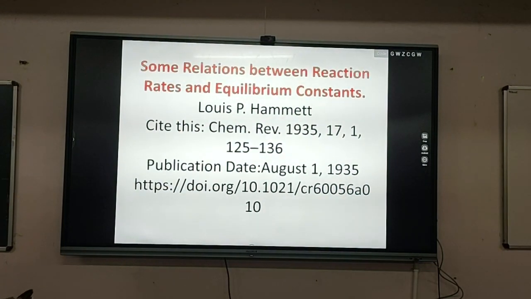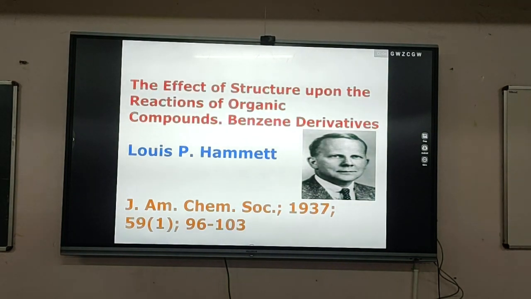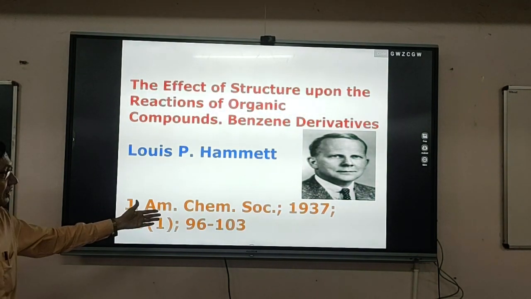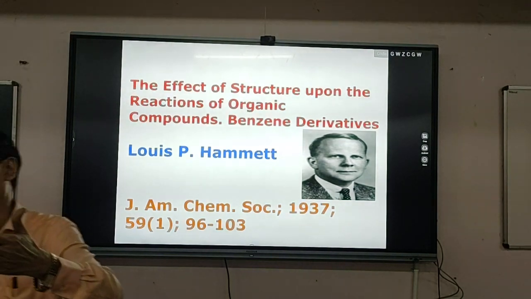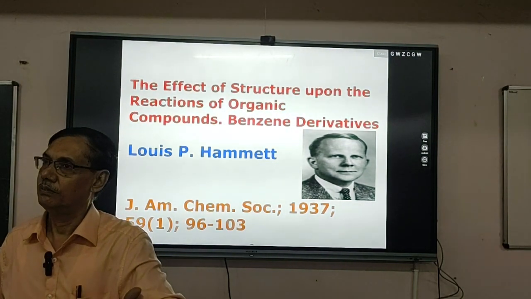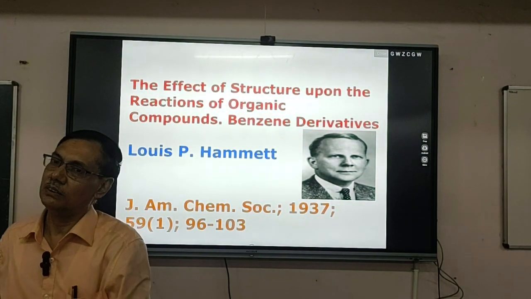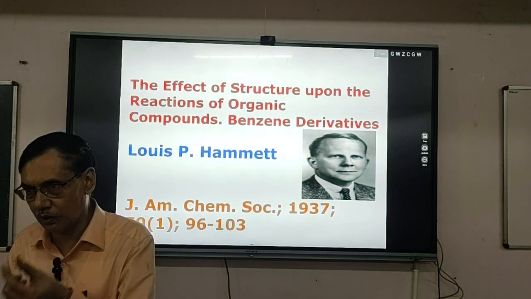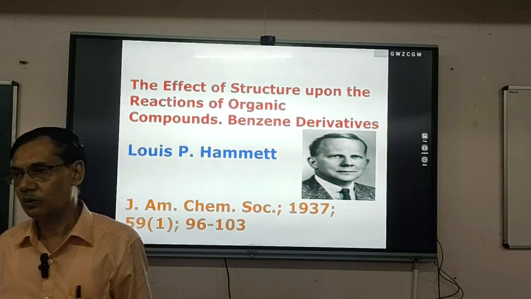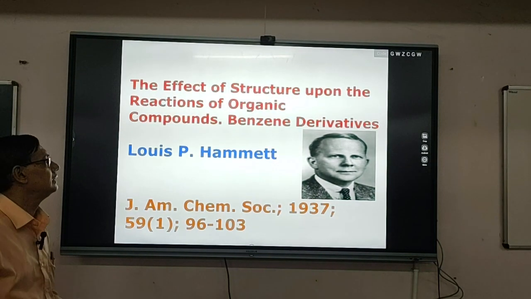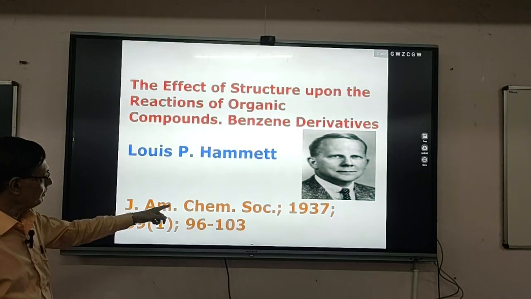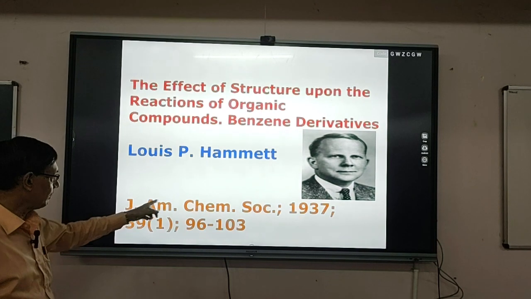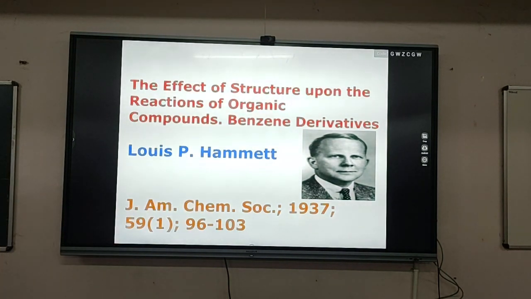His second paper he published, again is a very good, because it is a research oriented teaching, and in fourth semester you have to perform some of the research projects. So you must know the types of the journals and other things. So his second paper is Journal of American Chemical Society in 1937, and then of course he has particularly taken some benzene derivatives.